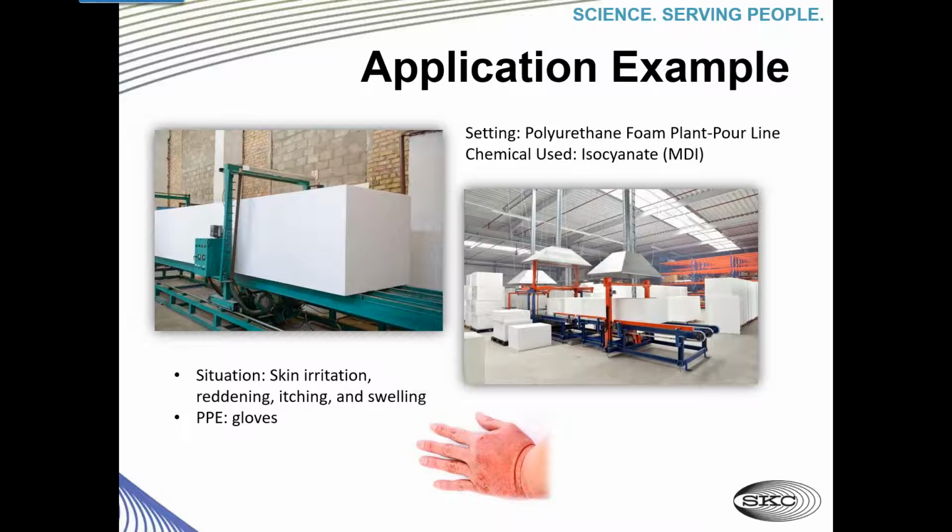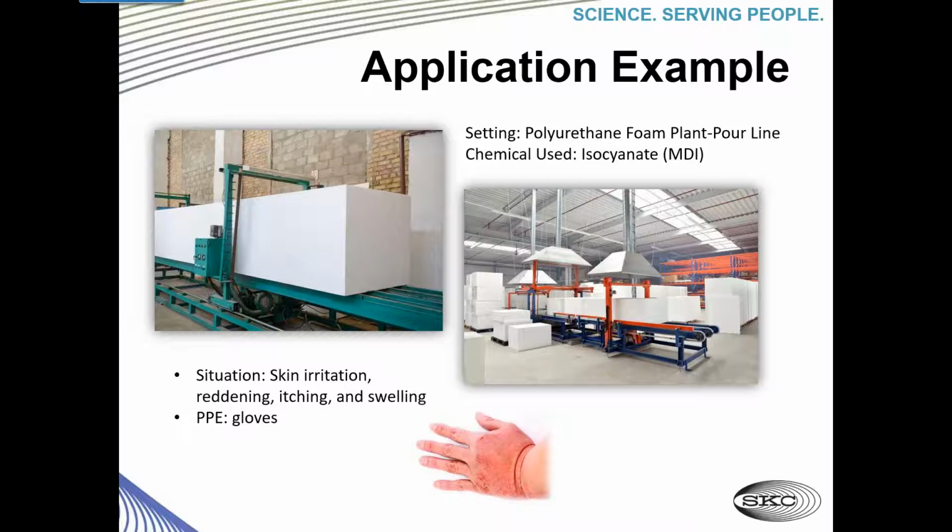For example, you can use the skin swipe to verify what type of chemical the employee had contact with. Let's say you know that they're using MDI to make the foam, so you can use the type of skin swipe for it, just to detect it. And then you can use the Permeatech to evaluate any potential breakthrough on the gloves.